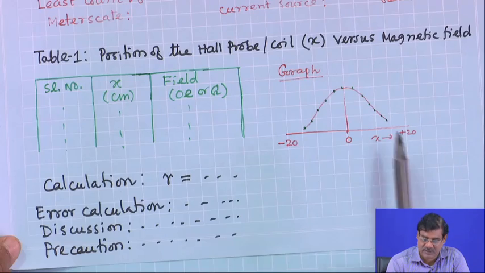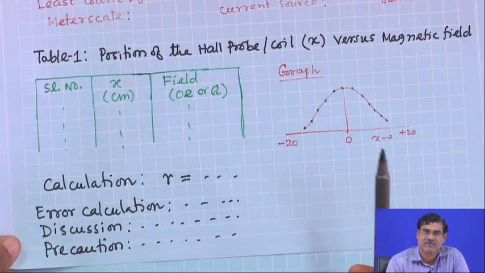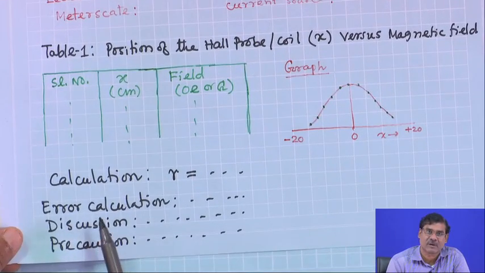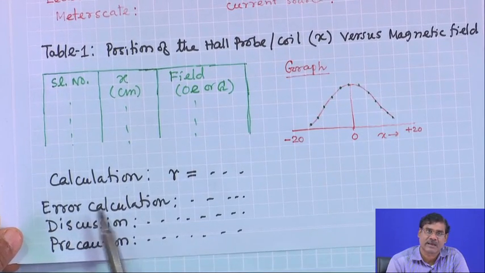You note that down for defined distances, and then you can say that you are getting a uniform field. And of course, you have to find out the error.